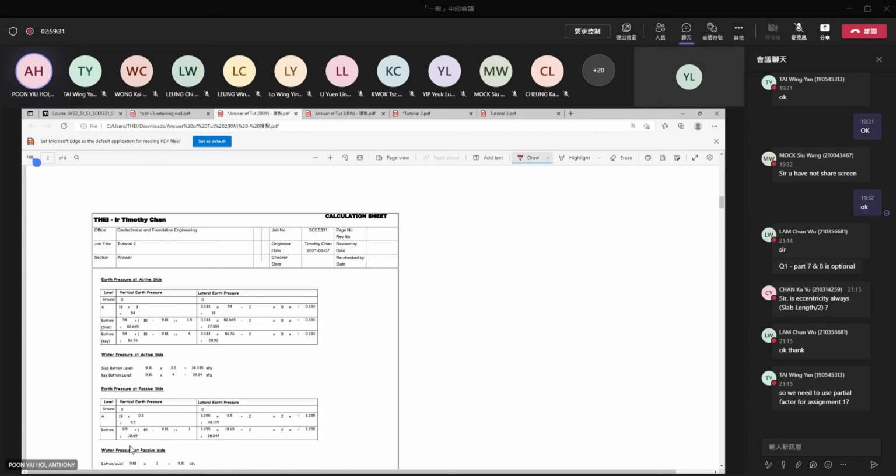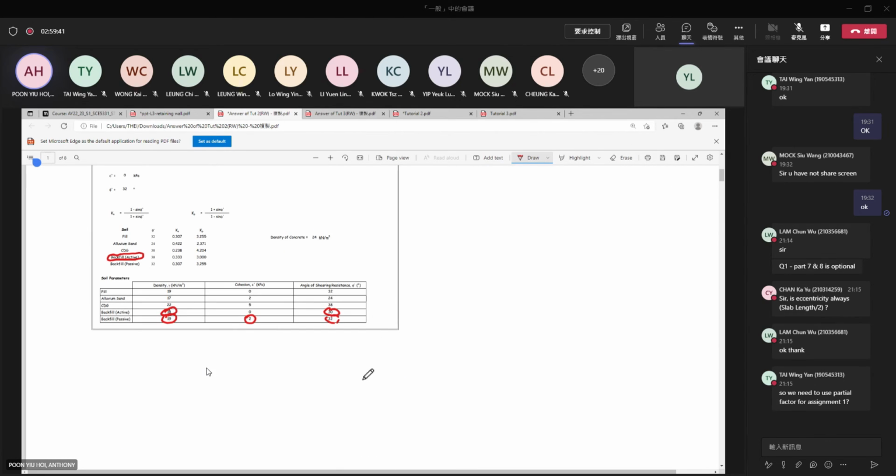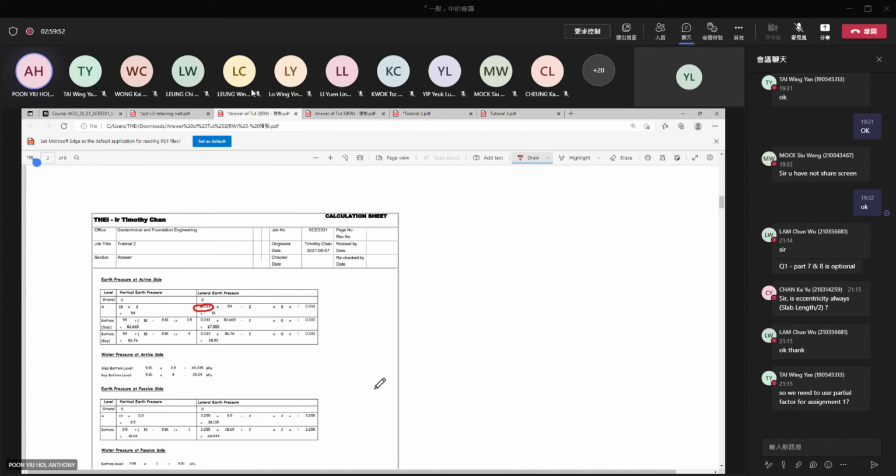So when calculating the pressure diagram, we actually use the backfill material instead of the native material. Again, there's no cohesion.